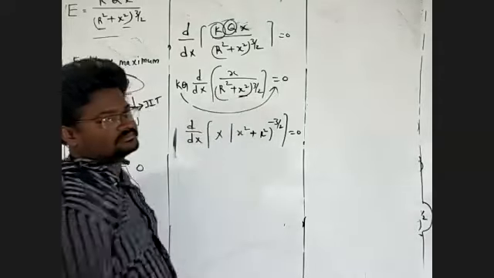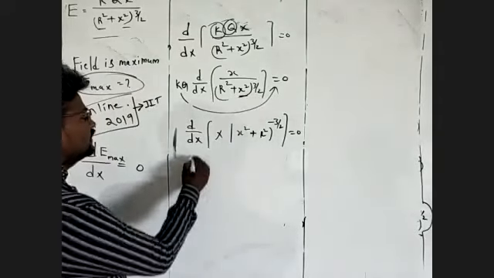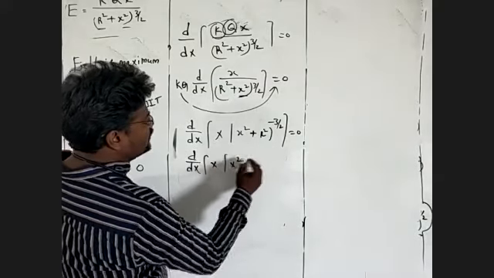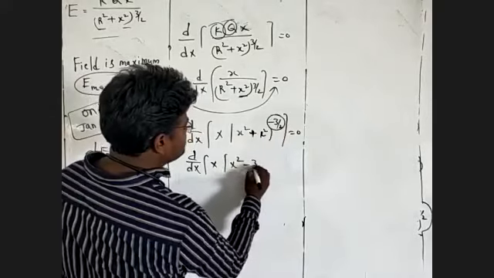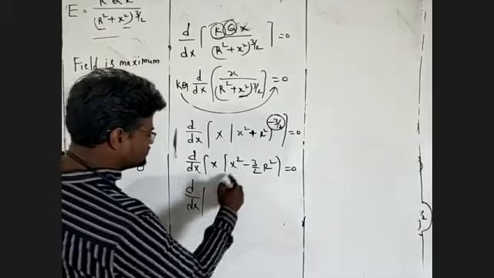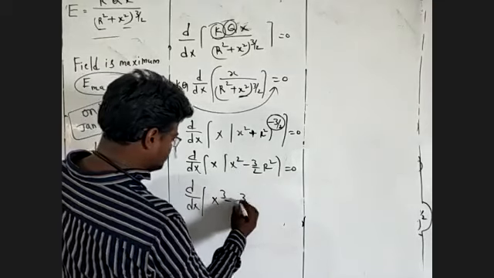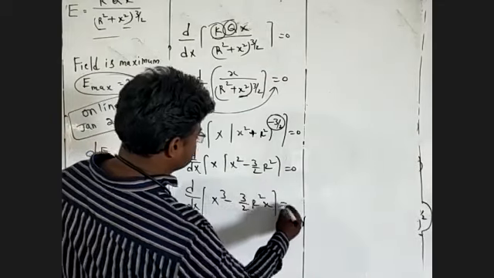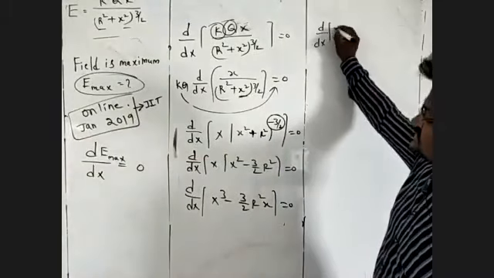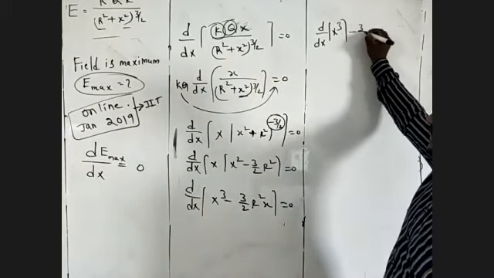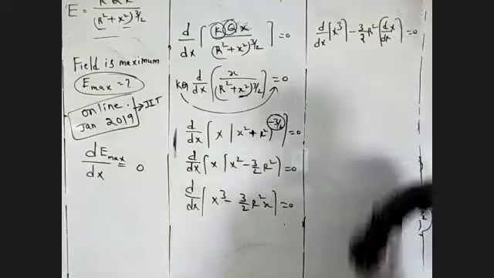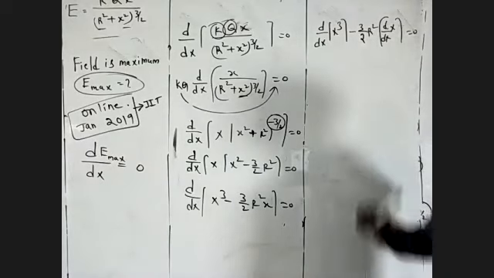This should be in the first term, otherwise we are not getting it. Now d by dx of x square minus 3 by 2 r square is equal to 0. Now d by dx of x into x, keep 3 by 2 r square x, is equal to 0. Now d by dx of x cube minus 3 by 2 r square, which is constant, is equal to 0. This is the correct way.